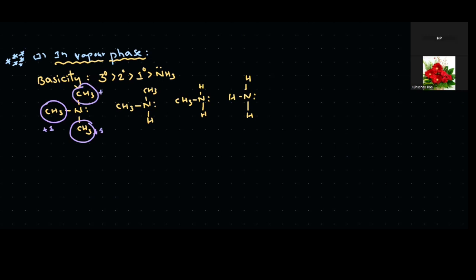Three in this case, two here, and only one here. If the number of releasing groups on the amine increases, the basic strength increases. That is why tertiary is greater than secondary, secondary is greater than primary, and primary is greater than ammonia.